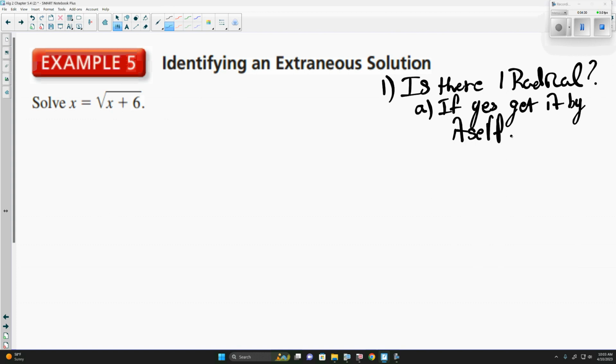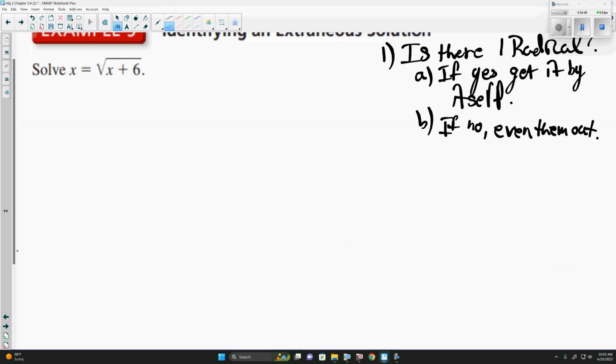If yes, get it by itself. If no, even them out. Our second step was to put both sides to the nth power.